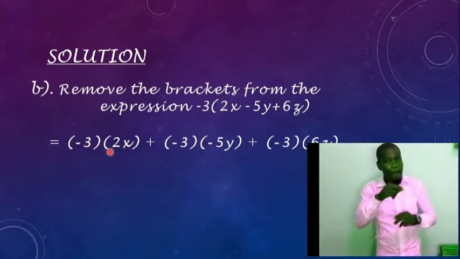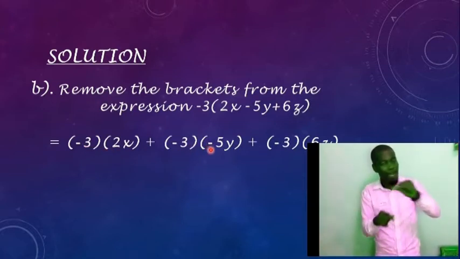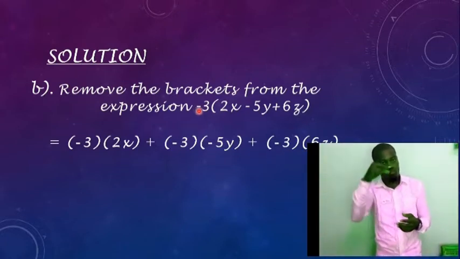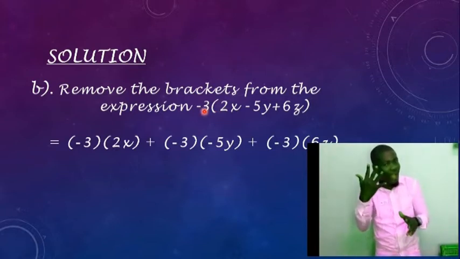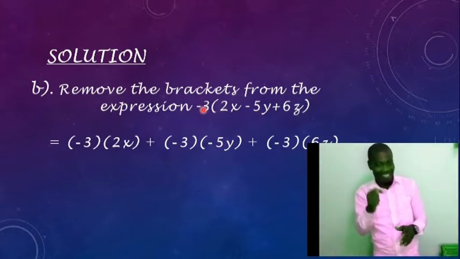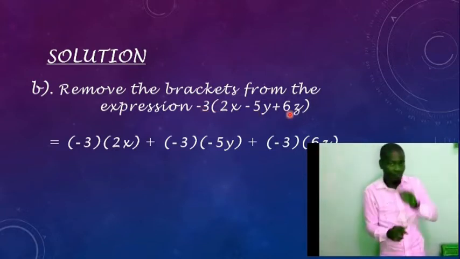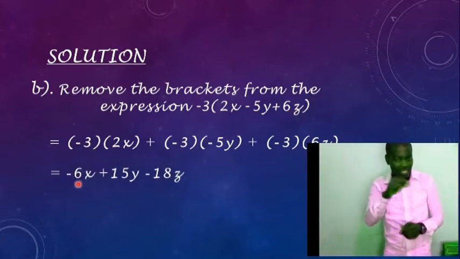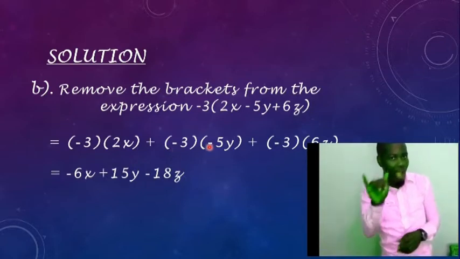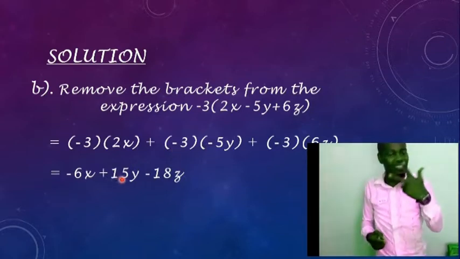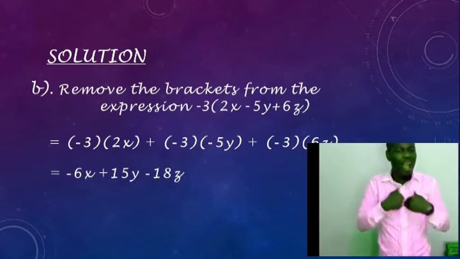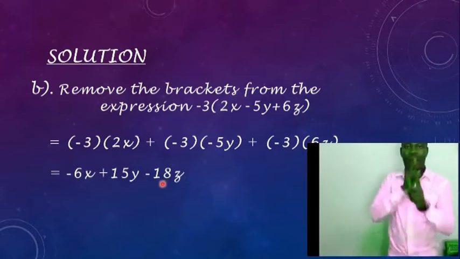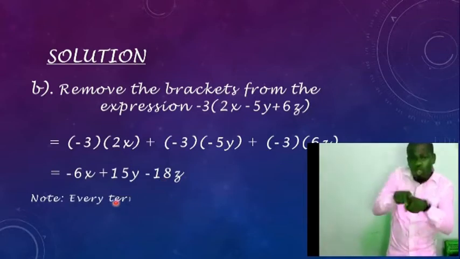Minus 3 times 2x, minus 3 times minus 5y, and then minus 3 times 6z. That's going to give us minus 6x, plus 15y, and minus 18z. And that is our answer.